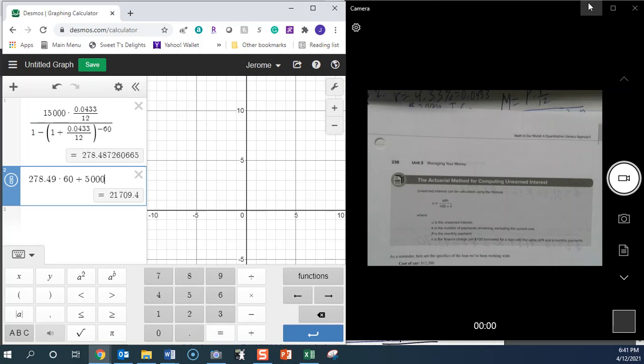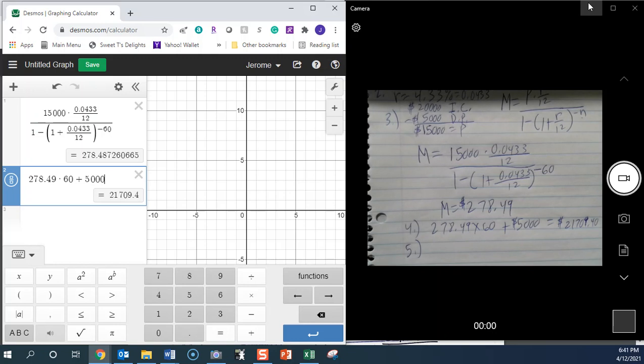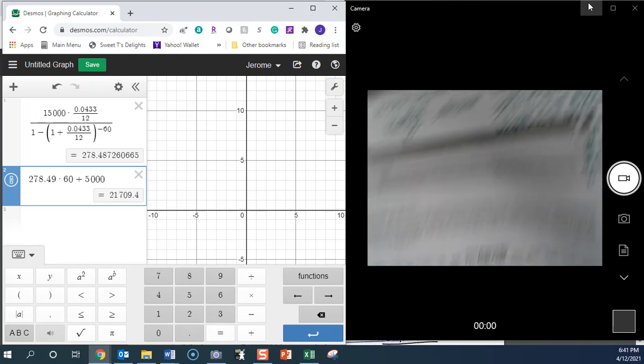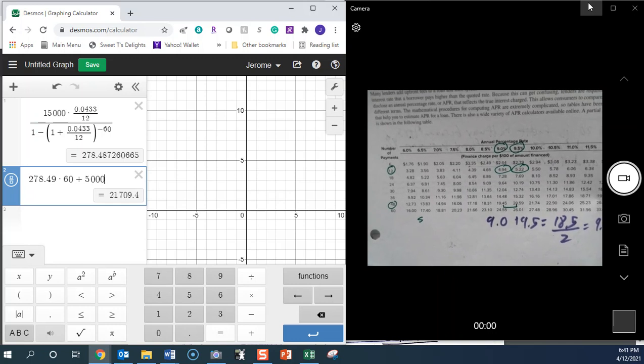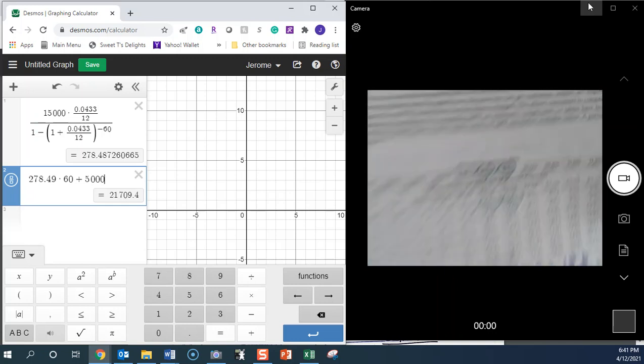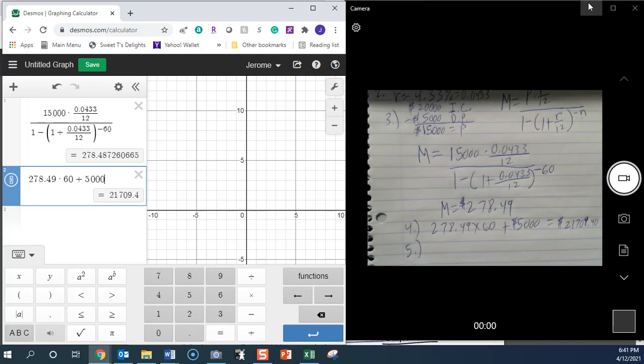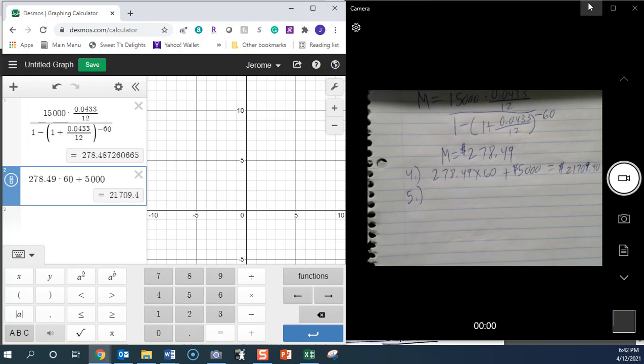Now, the interest rate I have of 4.33% is not on the table, because for 60 months, the lowest it goes is 6%. So I can't even use that table. I would have to calculate the unearned interest myself using that formula that I told you on page 238.